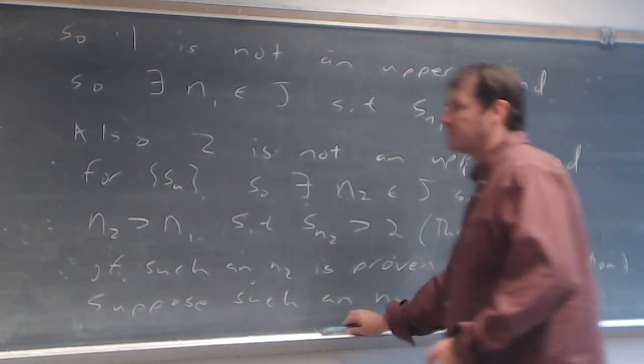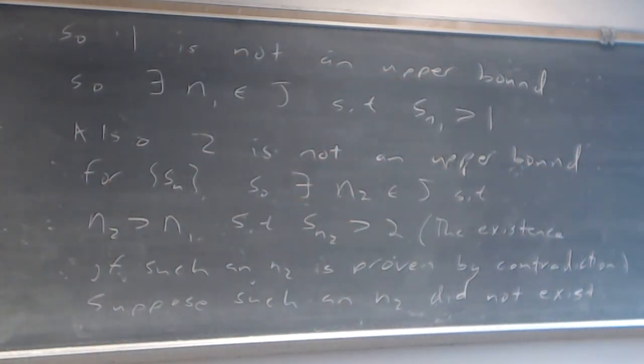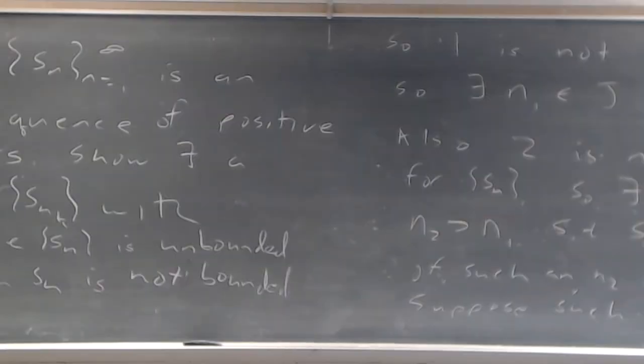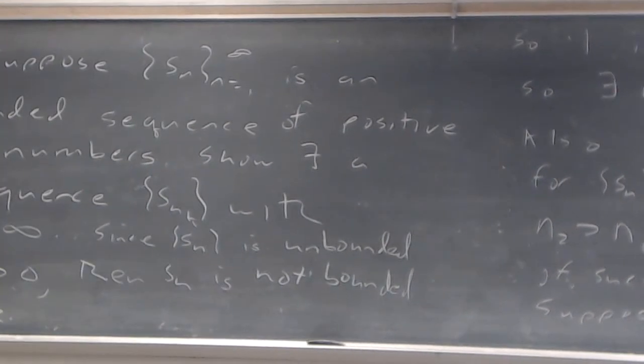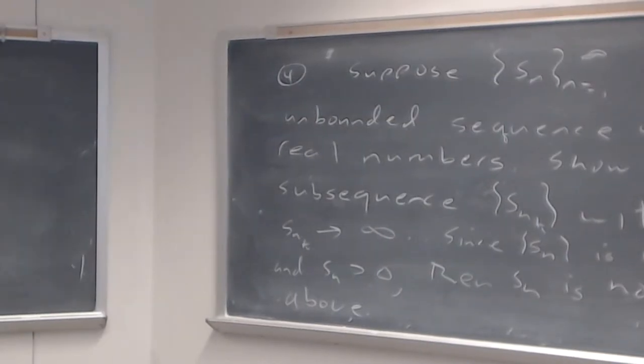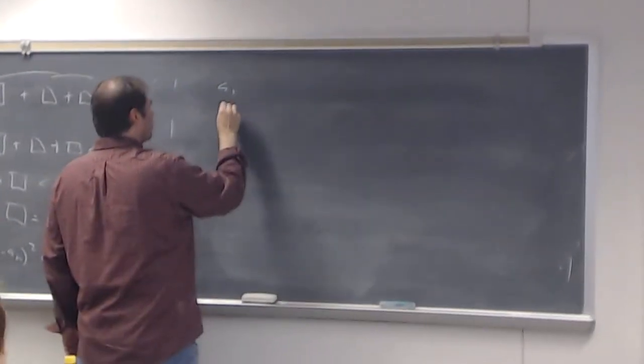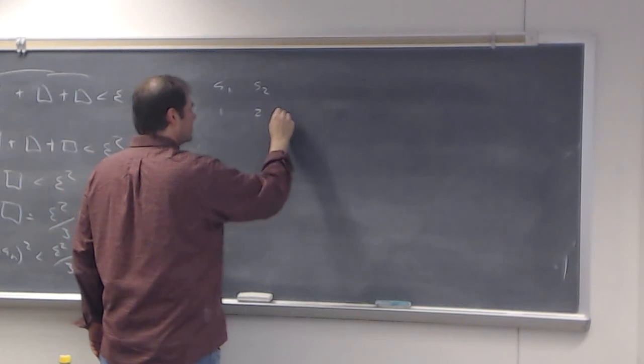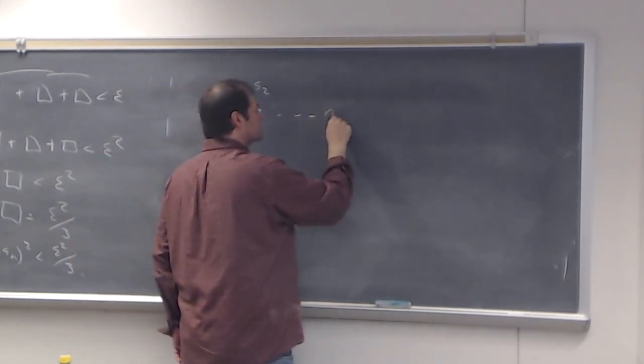What are we talking about? Let me come over here to the side. So, okay, here's S sub 1, the first position. S sub 2, second position. We keep going, we eventually get to n sub 1.